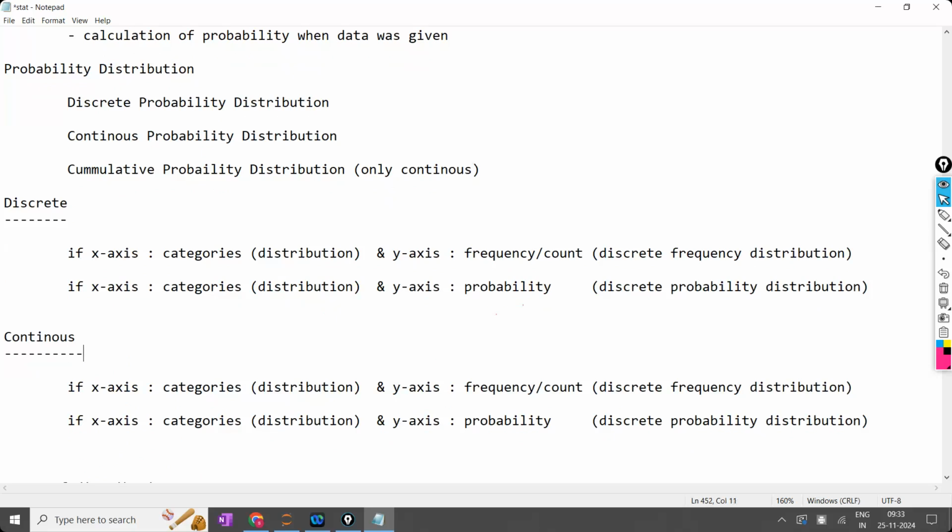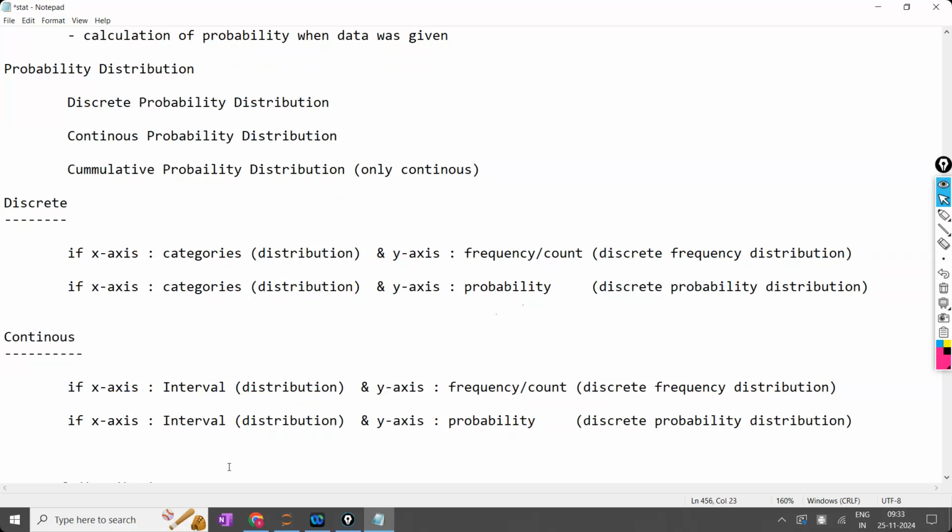For continuous variables, where the x-axis is interval, that is the distribution. The x-axis will be interval, that is the distribution. And on the y-axis, if you are considering frequency, it is called a continuous frequency distribution. Similarly, with probability you have a continuous probability distribution.